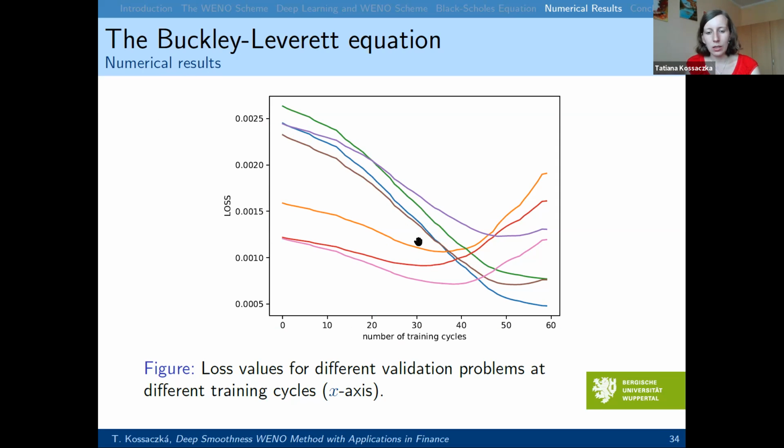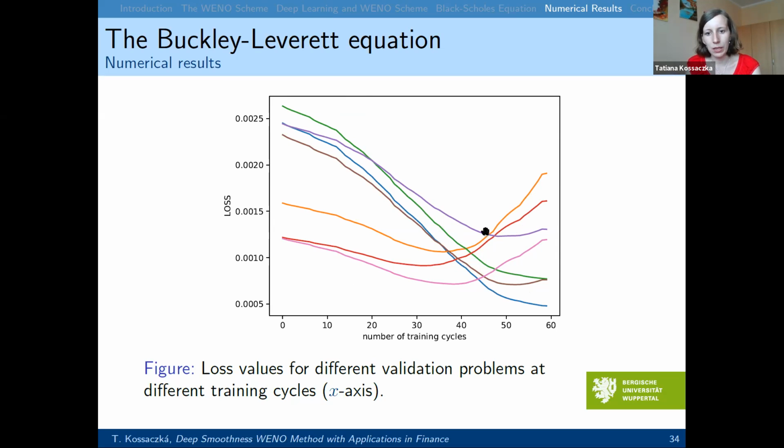On this picture is actually the progress of loss value shown. And we can see there are like two patterns. These are the lines for different parameters of A, and I would say we have chosen the model somewhere from here as the final model, because then we see that the neural network starts to overfit for some parameters of A, and it doesn't make any sense to train it further.